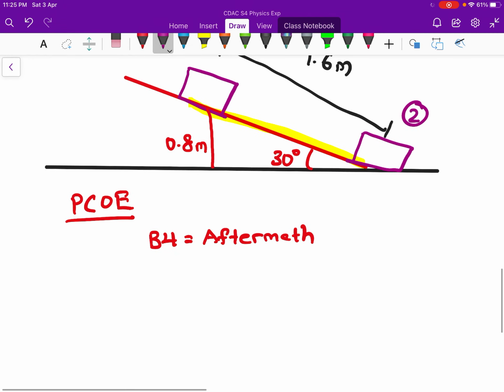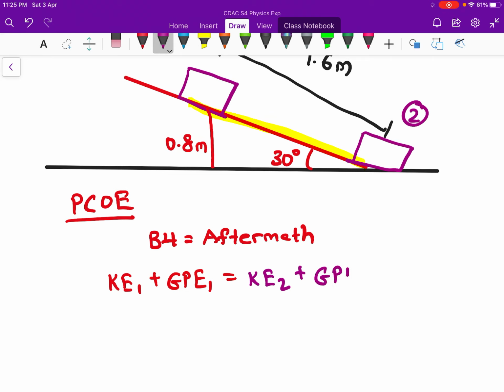So let us write KE1 plus GPE1 equal to KE2, and KE2 is what we want to find, plus GPE2, and of course plus the work done by frictional force.